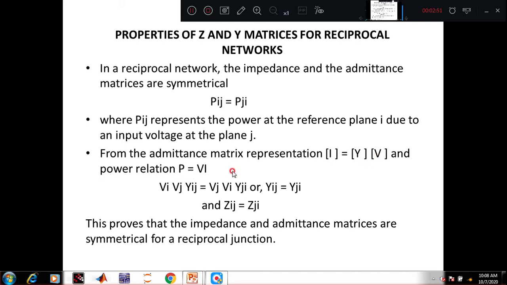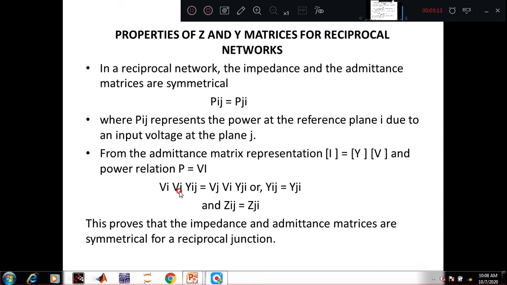The power can be defined as the product of voltage and current. So this voltage at the ith port I will keep as it is, Vi, and this current can be given by Vj and Yij, because I have already taken Vi here.